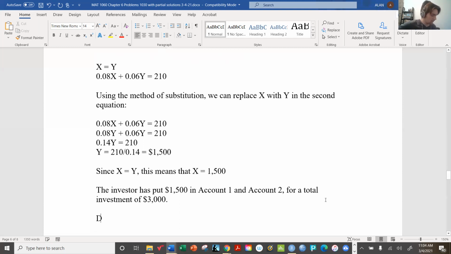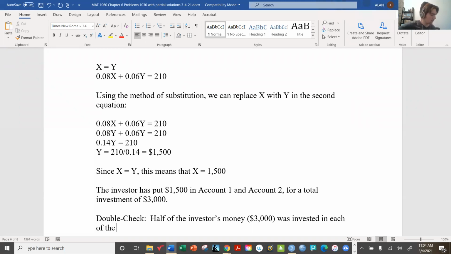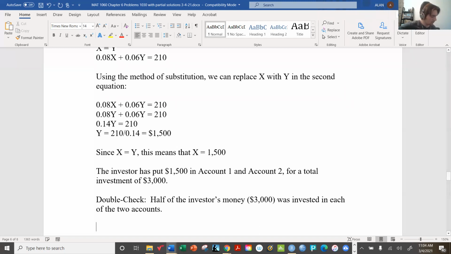Okay, so with the double check, we can now claim that half of the investor's money, which was $3,000, was invested in each of the two accounts. In addition to that, the total interest earned was 210. So therefore, we must have done this correctly.